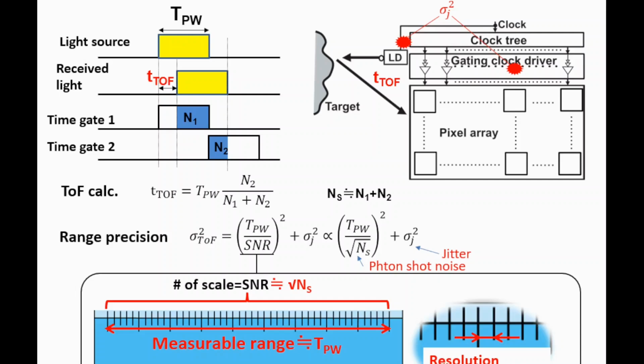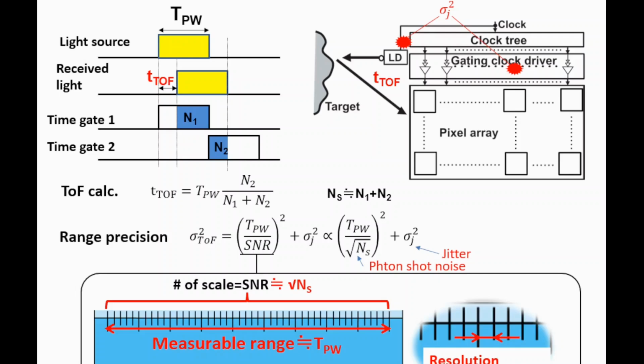One is the pulse width over the SNR, and the other is the jitter component. Ideally, the first term, SNR, is determined by photon shot noise. This is an analogy of a scale. The measuring range is determined by pulse width, and the number of scale divisions is determined by SNR, ideally equal to the square root of the signal electrons. So to enhance the range precision, the pulse width should be minimized, and the signal electrons should be increased.